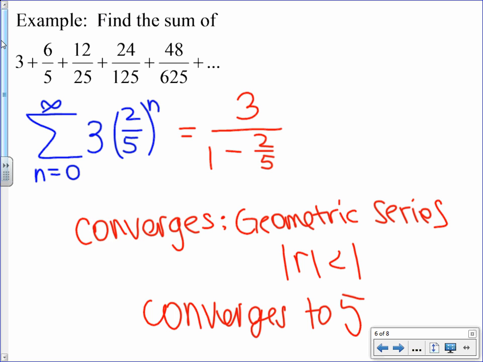As long as n is the exponent to a constant, you have a geometric series, as long as there's nothing else thrown in. If you throw in an n, that's no longer geometric. It just has to be strictly exponential.